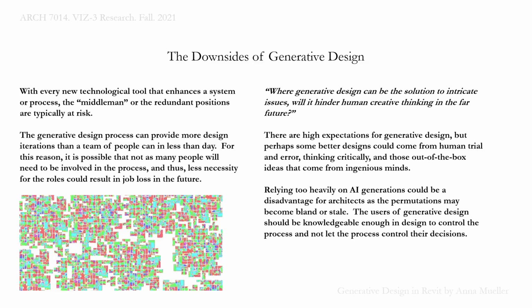It might not allow us to be as creative as we otherwise could be, and also it might not account for all of the design problems that will actually arise if we're only putting in the constraints that we know in the program.